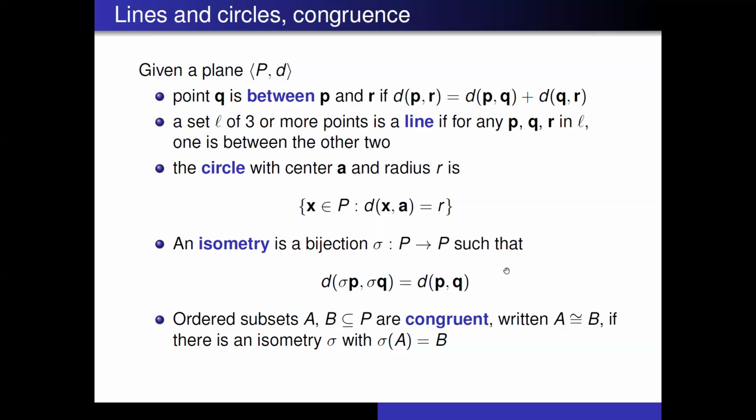The only caveat here is that these should be regarded as ordered sets. So, for example, the triangle ABC is not the same as BAC, okay, because you look at the order of the vertices, and when you say an isometry taking A to B, you mean that the first thing goes to the first thing, the second one goes to the second, and so forth.